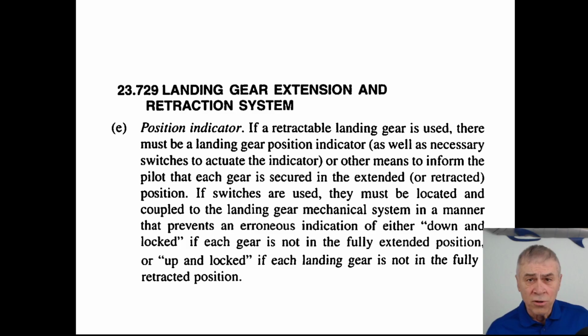If switches are used, they must be located and coupled to the landing gear mechanical system in a manner that prevents an erroneous indication of either down and locked, or if each gear is not in the fully extended position. All right, I probably should have stopped at the first sentence.